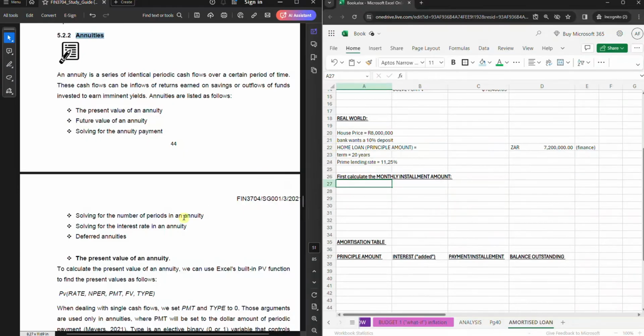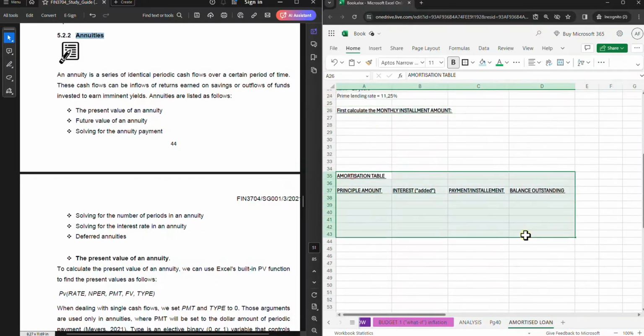When the rates were going up a few years ago, the installments went up by maybe 100, 200, 300 Rand, depending on the size of your mortgage. Does it make sense? Yes. So this calculation is always what we need to do first before we draw up the table.